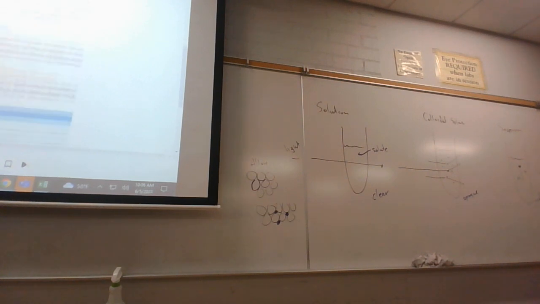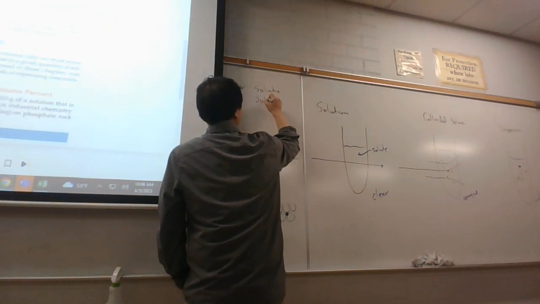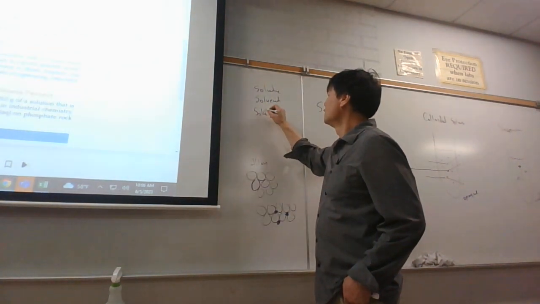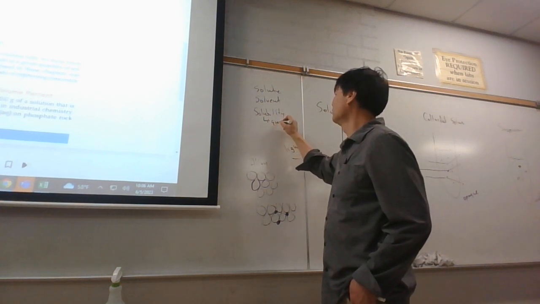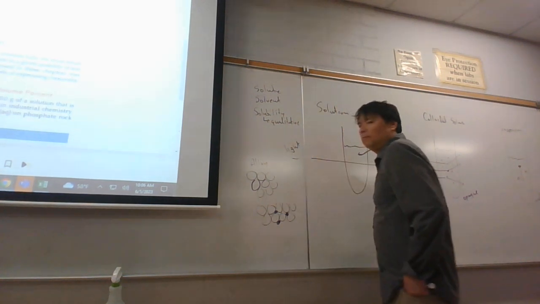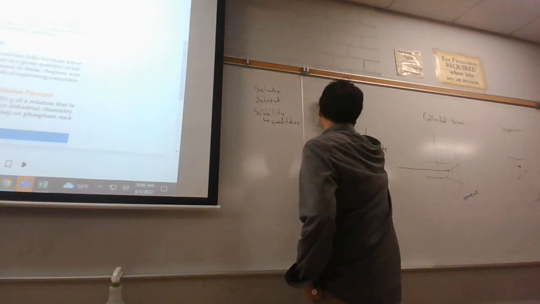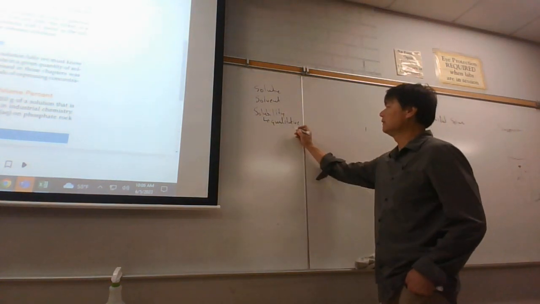Other terms here: solute, solvent, solubility. Solubility has two definitions. There's the qualitative definition. Most of the time, for the qualitative definition, the limit is set at 0.1 molar, but it depends on who's defining it.